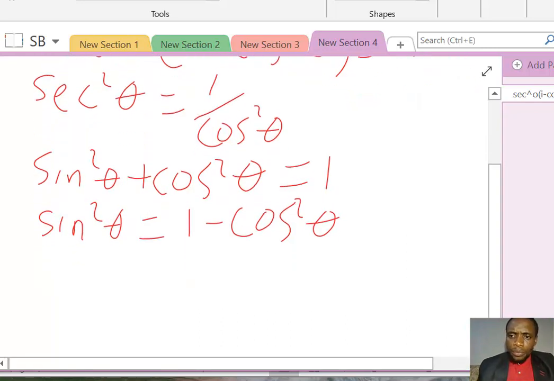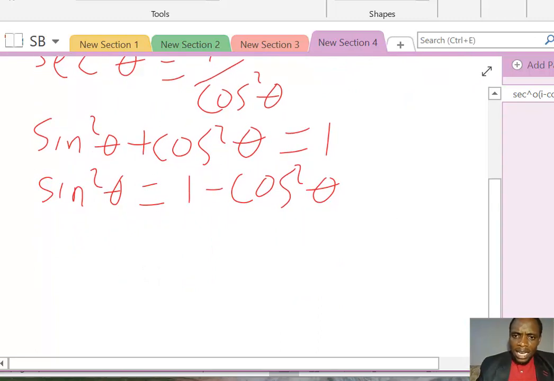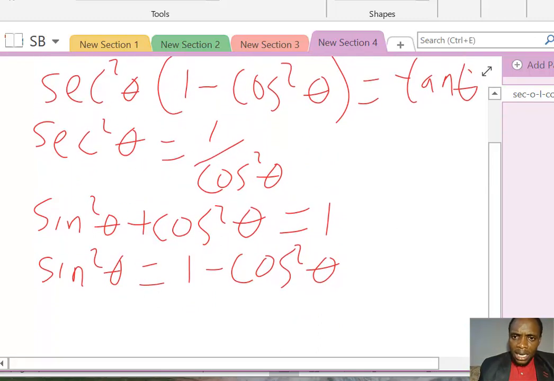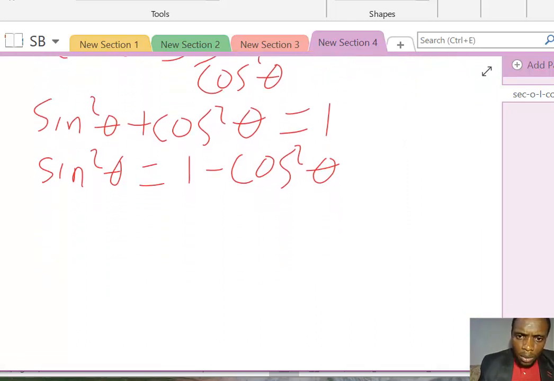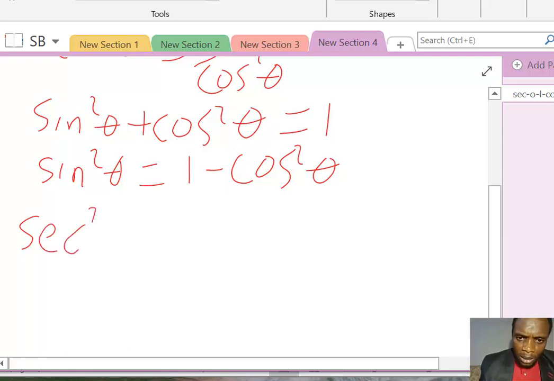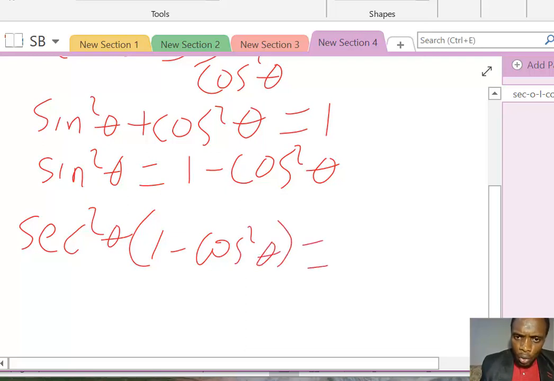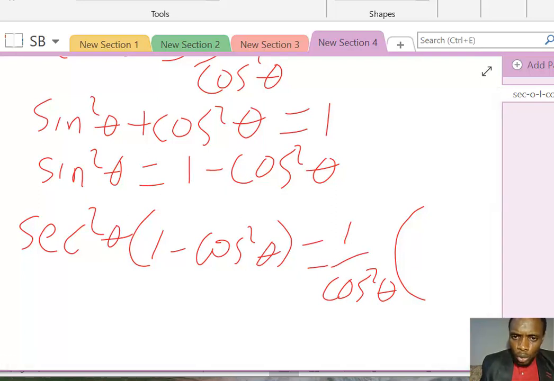So sec squared theta into bracket 1 minus cos squared theta gives us 1 over cos squared theta, open bracket, what is inside this bracket? 1 minus cos squared theta, which we said equals sin squared theta.